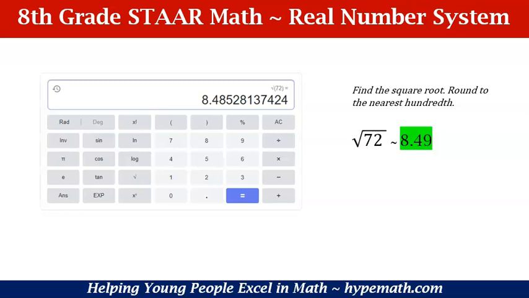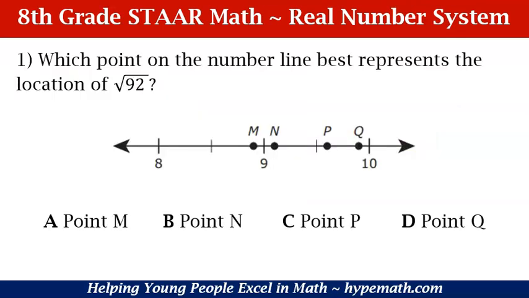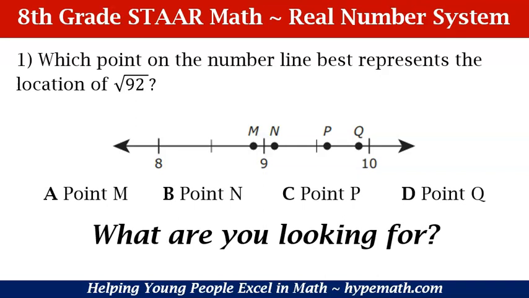Okay, let's move on to the problems in our book. Number 1 says, which point on the number line best represents the location of the square root of 92? A, point M, B, point N, C, point P, D, point Q. The first thing we need to do is ask ourselves, what are we looking for?